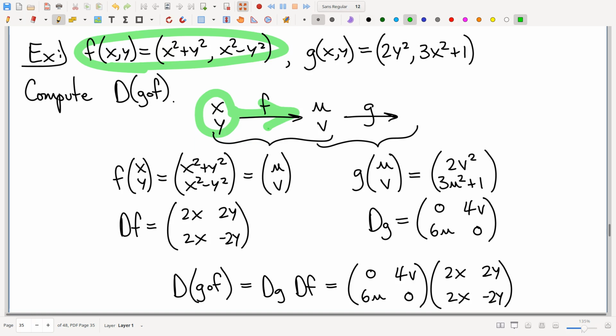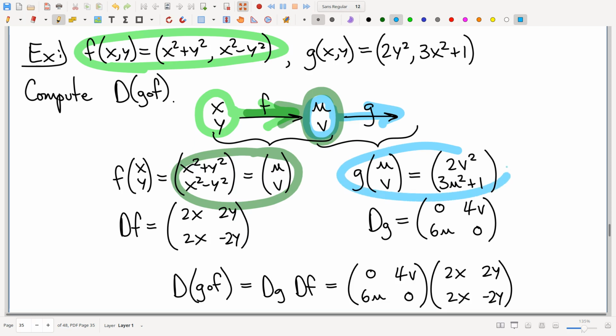X and y are the inputs. So, okay, let's call these outputs u and v. And those being the outputs, that means that those are the inputs to the function g, and so I should rewrite g. Same function, don't change the function. But I'm going to rewrite that function g in terms of this much more natural choice of dummy variables. And having done that, everything else just falls into place.